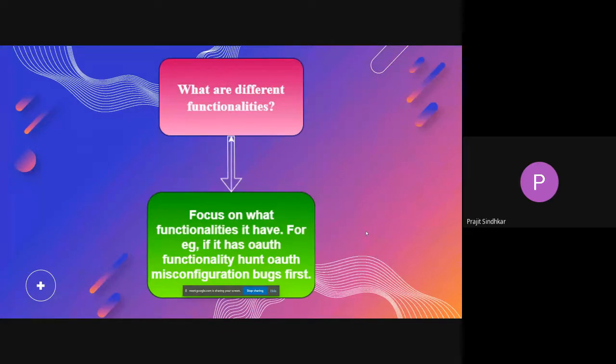I would rather say no. This won't help you in directly reporting the bugs, like efficiently finding the bugs. It will just give you a proper flow: okay, if this is there, I don't have to do this, I have to do this. So on a bigger aspect, you now know how to approach a website. But what is more efficient to find bugs?